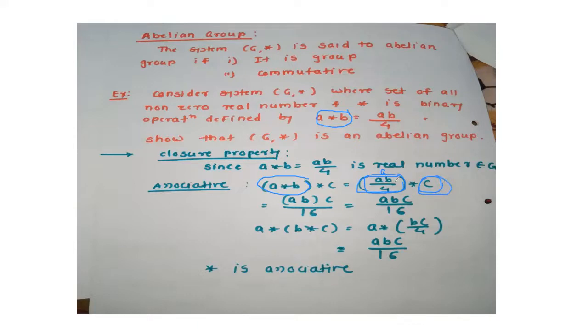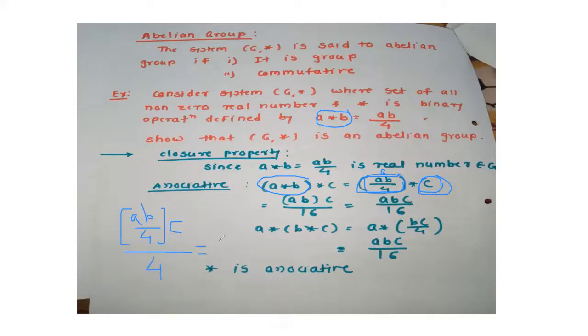So for this, the first is AB by 4 and the second is C, so we get AB by 4 times C divided by 4.